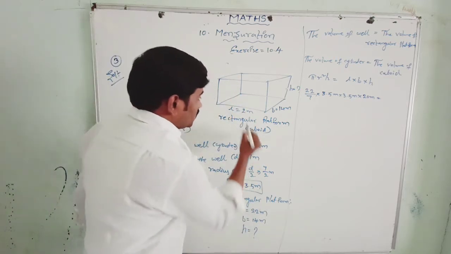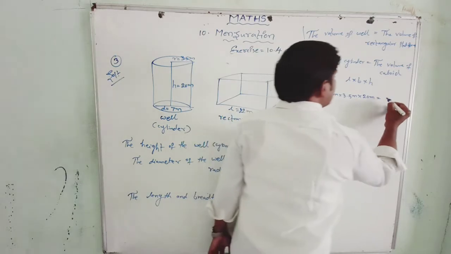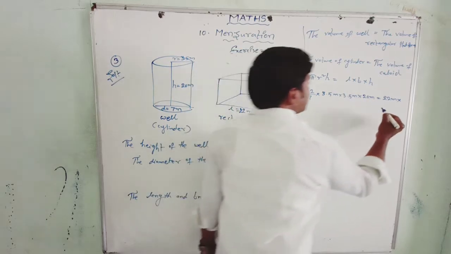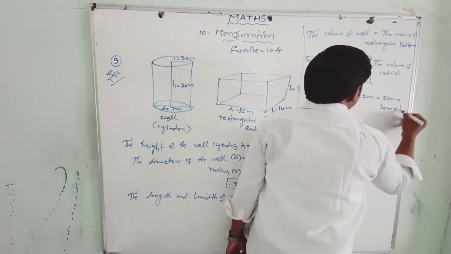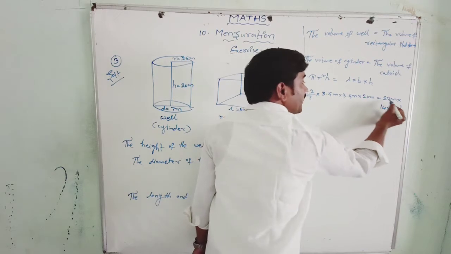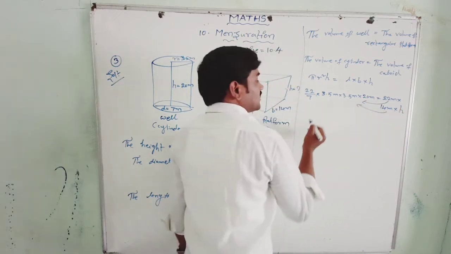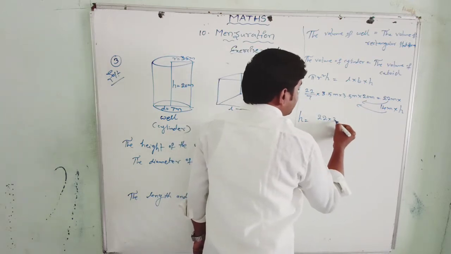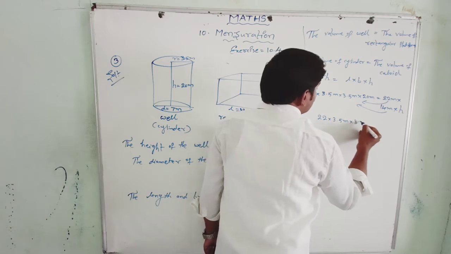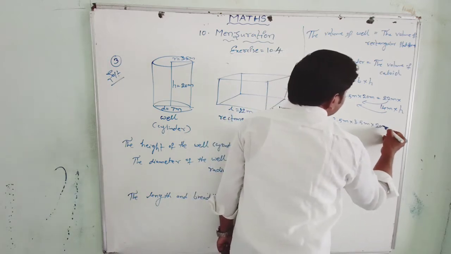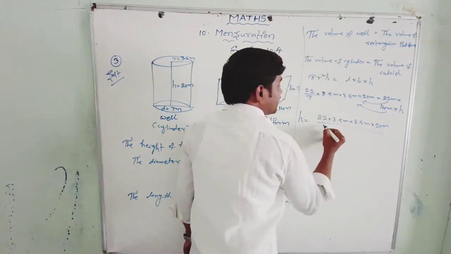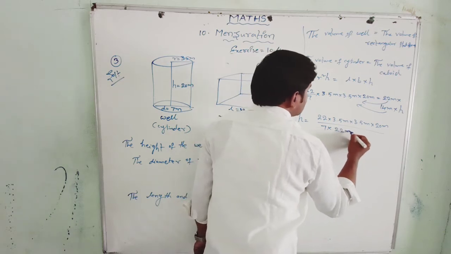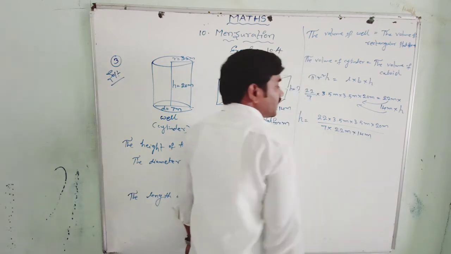L is 22 meters, the breadth is 14 meters, and this h we need to find out. This 22 and 14 meters will transfer to this side. So h equal to, first the numerator, 22 into 3.5 meters into 3.5 meters into 20 meters, by the denominator 7. Then these two are multiplied to h, so they will also be divided here. Then we got it like this.